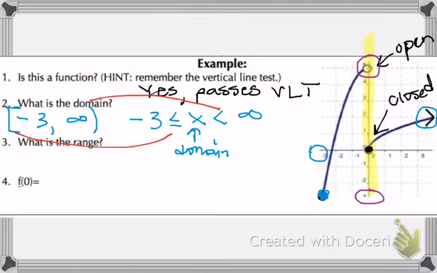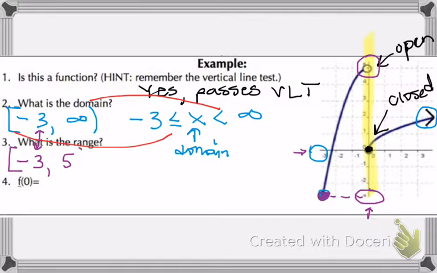So for my range, I'm going to go -3 to 5. Now, this isn't included right here, so I have a bracket over here also. That's a coincidence that these are two -3 and -3. One of them is on the x-axis and one of them is on the y-axis, so it's not always the same.